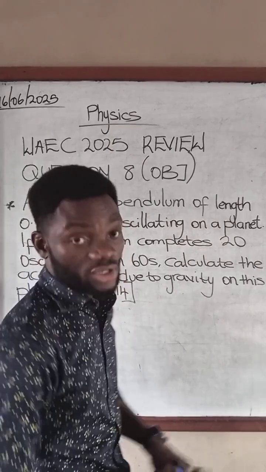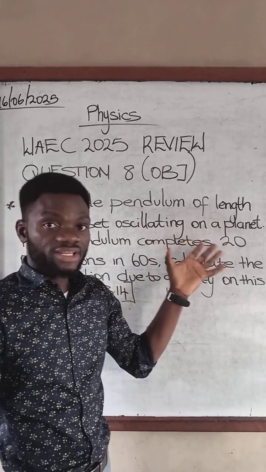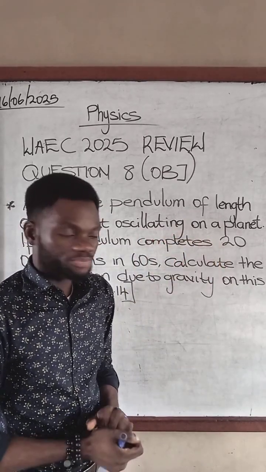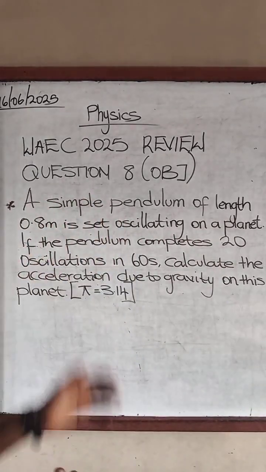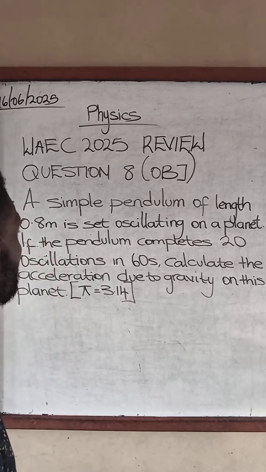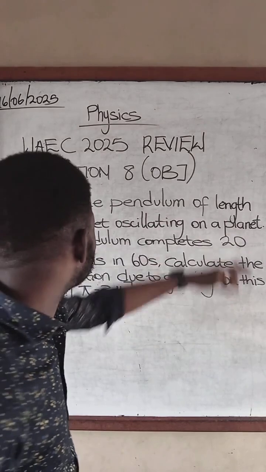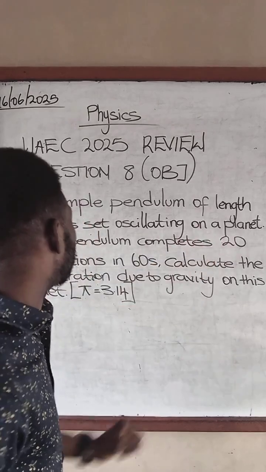Like I said earlier, this is a question under simple pendulum, basically under simple harmonic motion. I'll give you a little time to have a peek at this question before we clean up so that we can solve. So we'll say a simple pendulum of length 0.8 meters is set oscillating on a planet.